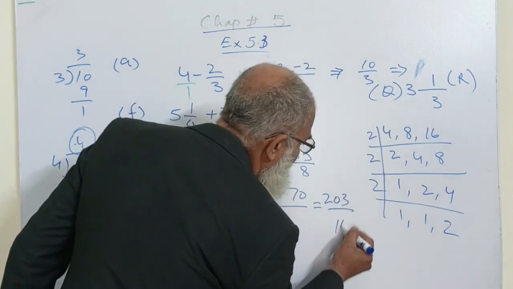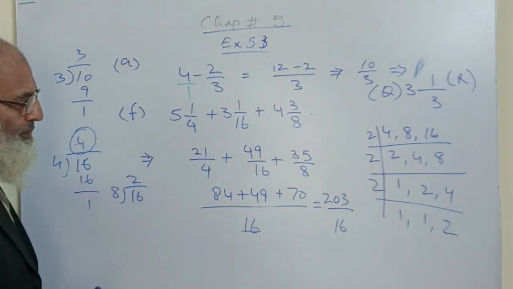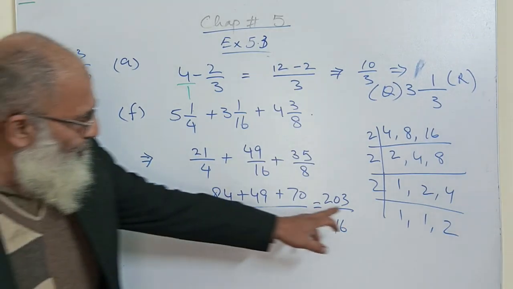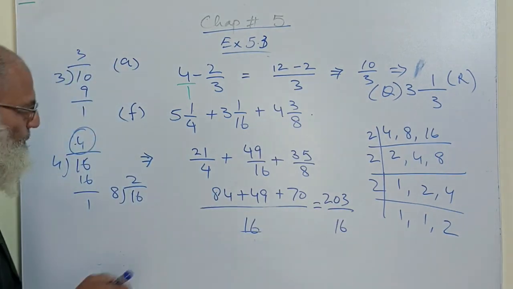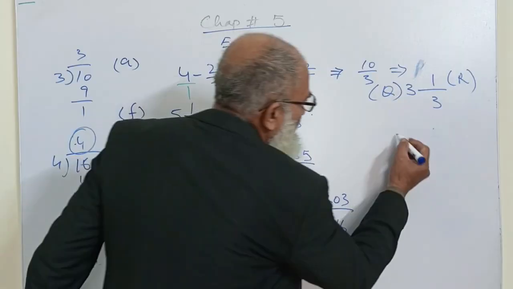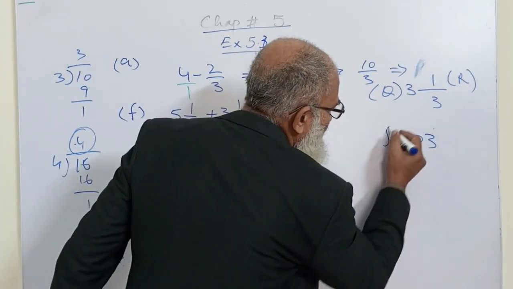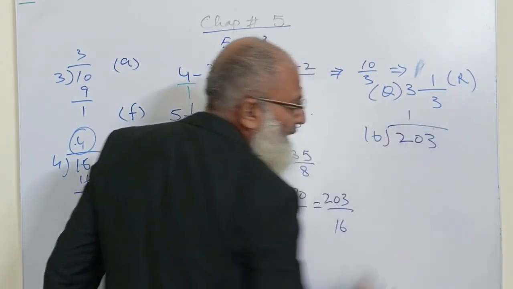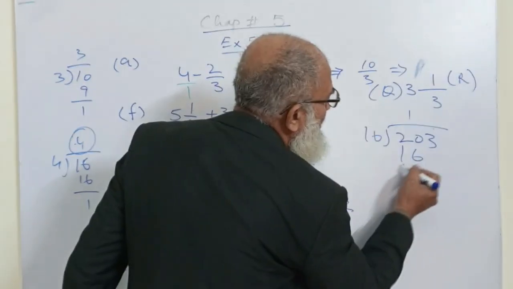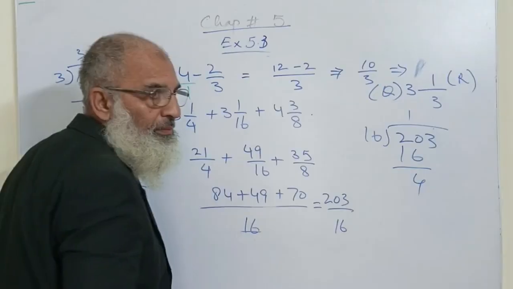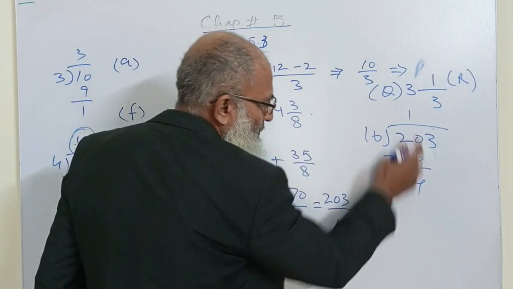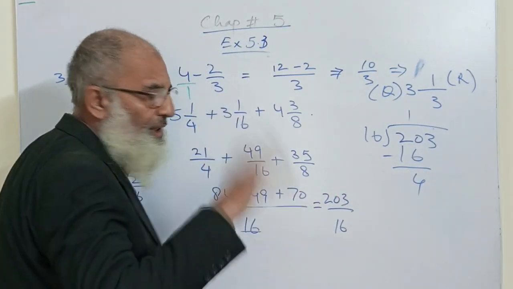Now this will become 203 divided by 16. 16 1 times 16, and 4 came out of it. When you subtract it, 4 came out of it. It is very simple.